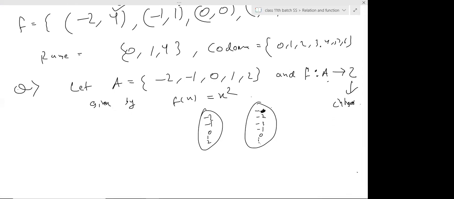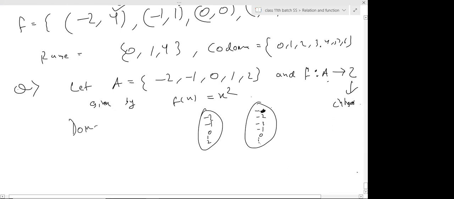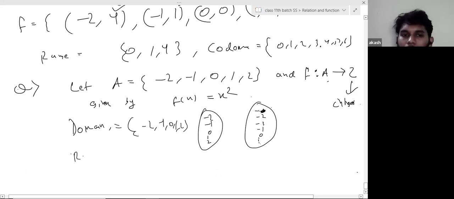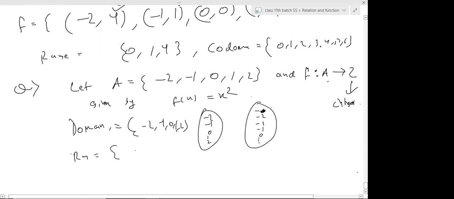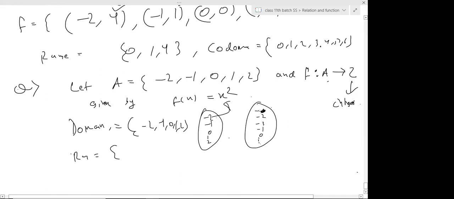Sir, what do we have to find out? You have to find the domain, codomain, and range. Same question. So domain would be -2, -1, 0, 1, 2. Absolutely right. Range would be Z. Are you sure? If you put x equals -2, -2 will be related to its square.